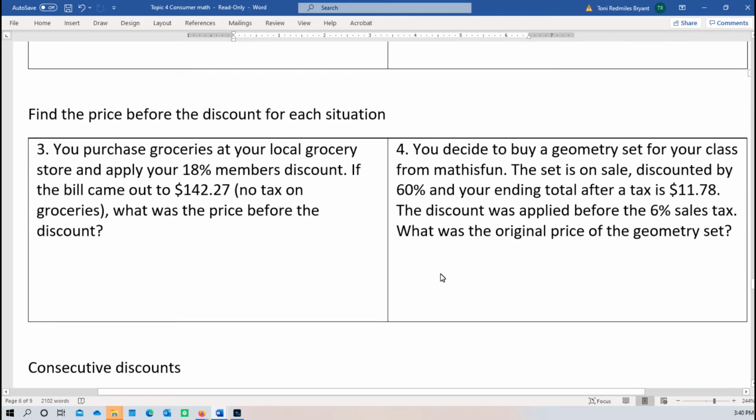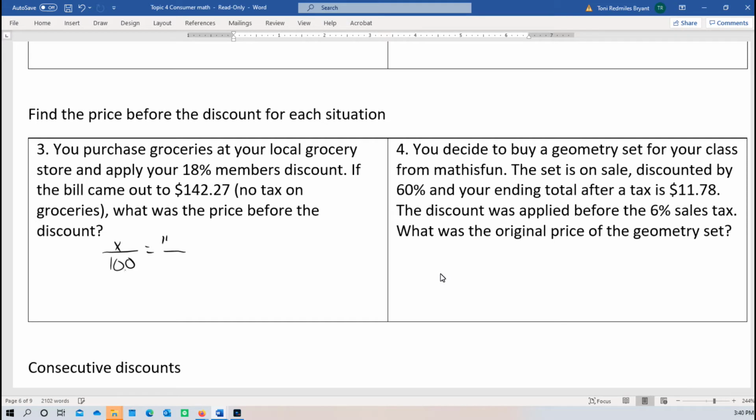All right. You purchase groceries at your local grocery store and apply an 18% members discount. If the bill came out to $142.27, no tax on the groceries, what was the price before the discount? So in this one, this is my price afterwards. So we're working backwards. We don't know how much it was before the discount, but it was 100% of the cost of the groceries.